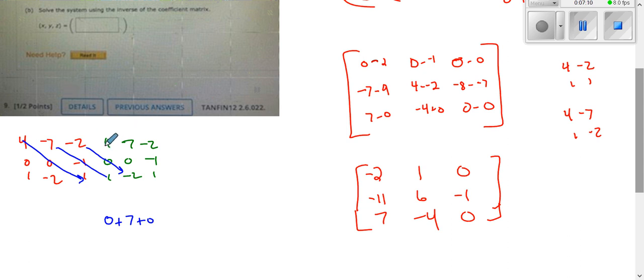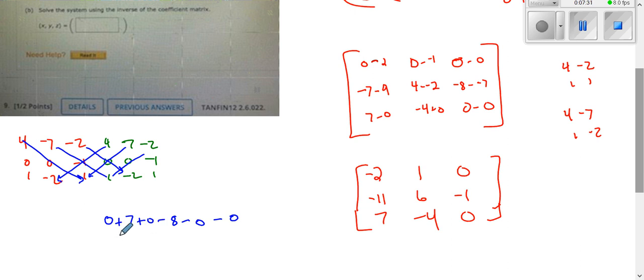So 4 times negative 1 times negative 2 would be positive 8, so minus a positive 8. Next one, 7 times 0 times 1 is 0, minus 0. And then negative 2 times 0 times 0 as well, 0.